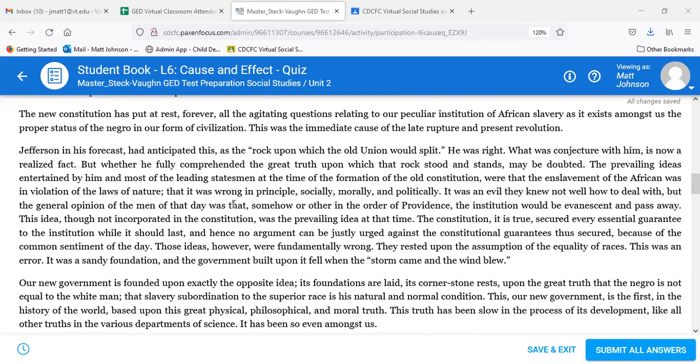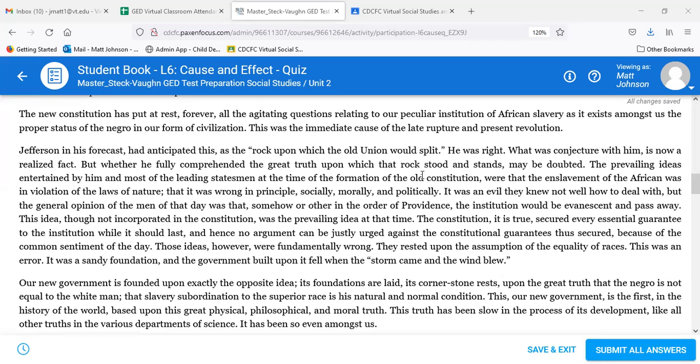What was conjecture with him is now a reality. Realized fact. But whether he fully comprehended the great truth upon which that rock stood and stands may be doubted.